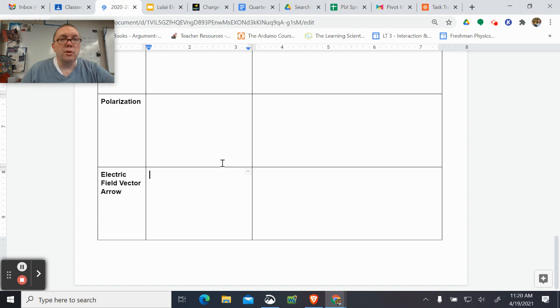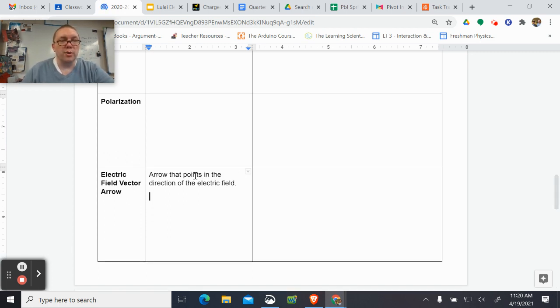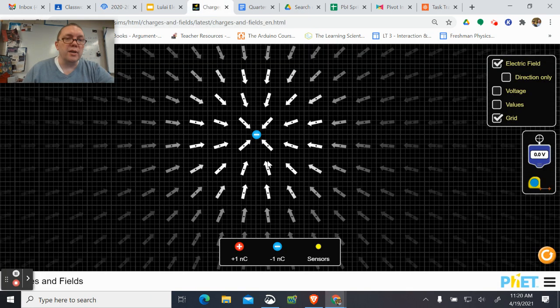The description is: it's an arrow that points in the direction of the electric field. If we imagine a pretend, imaginary positive charge, like here, that imaginary positive charge would get pushed this way.